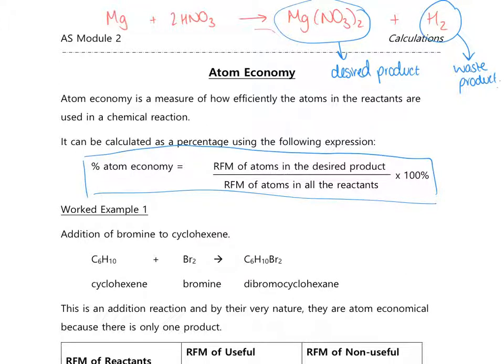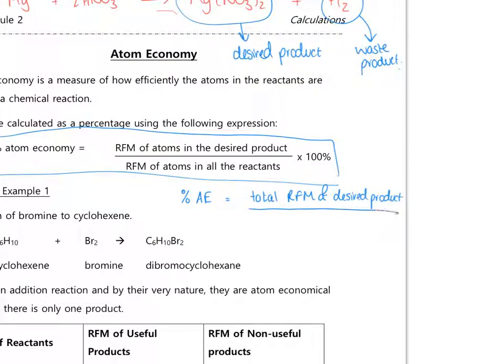That can also be written as percentage atom economy is the total RFM of your desired product divided by the total RFM of all the products, since the total RFM of all the reactants is going to equal the RFM of all the products, because atoms are neither lost nor gained in a reaction, and then just times by 100% to convert it into a percentage. So let's look at a couple of examples for this.